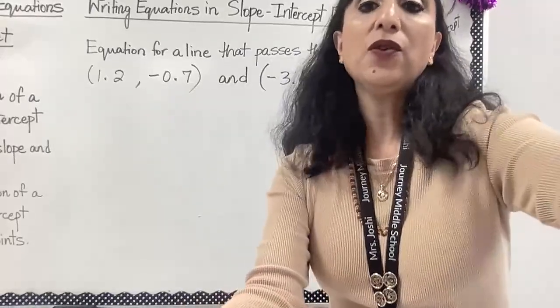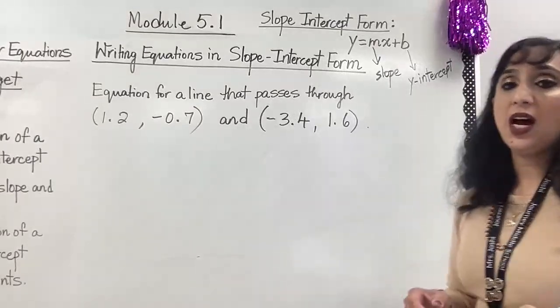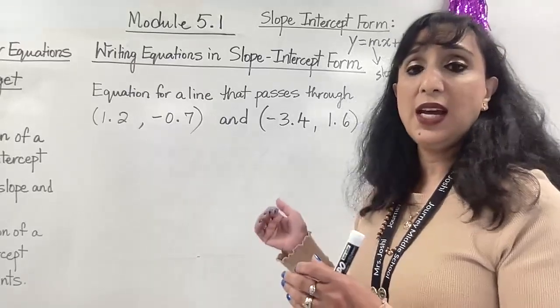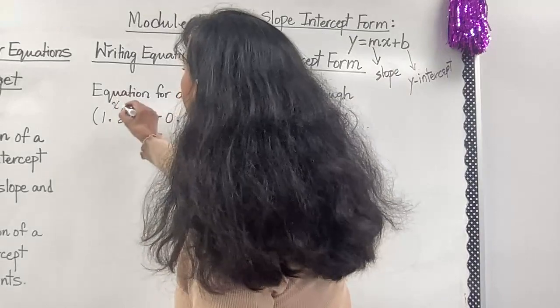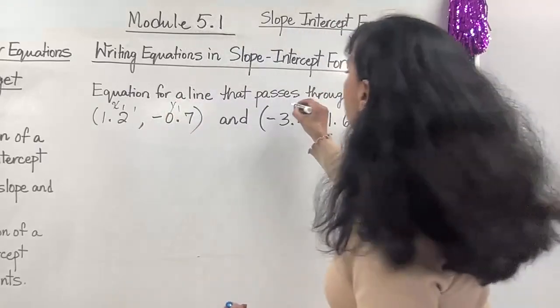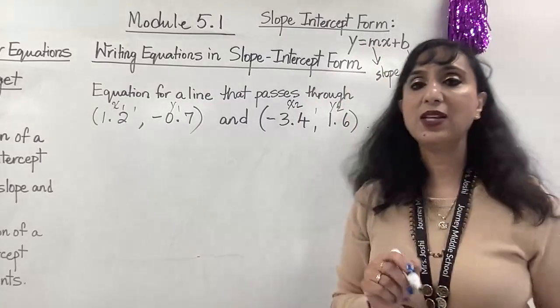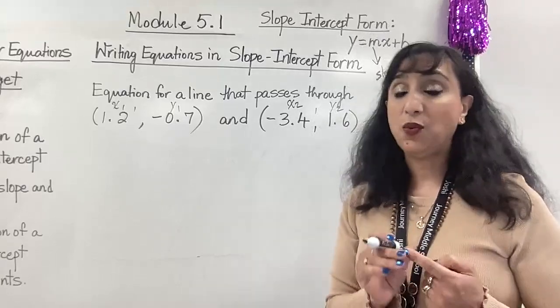So now we are going to write an equation where I am given 2 of the ordered pairs. And so as you can see, I've been given, this is x1, this is y1, this is x2, and this is y2. Okay, so I've been given 2 ordered pairs, but what do I need to do first?